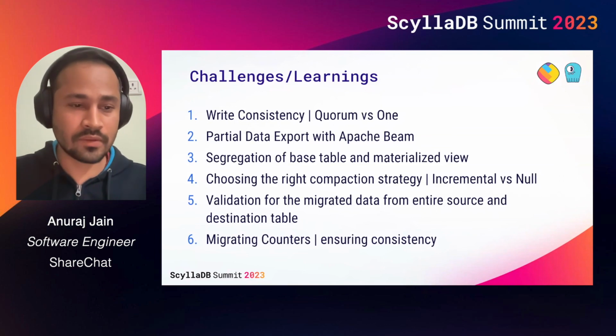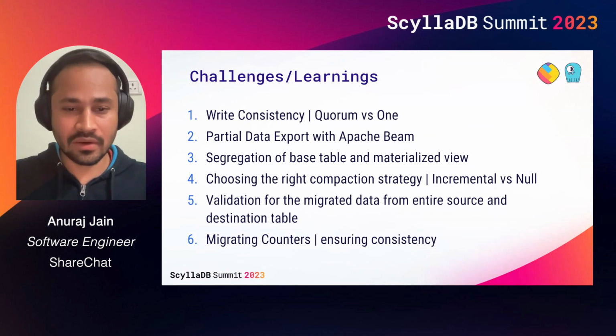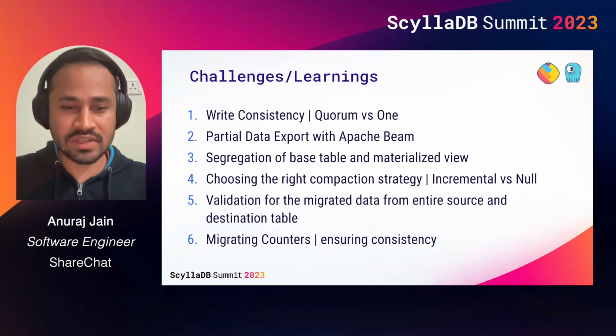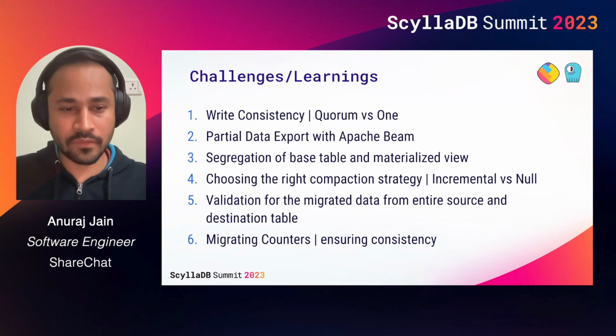And the fifth learning or challenge is that validation of the data in the source database and the destination database after the migration export has finished also becomes a challenge, because the analytical job that we write has to read through each of the row keys from the source, and then compare for the same thing in the destination ScyllaDB database. We have done a lot of validations.